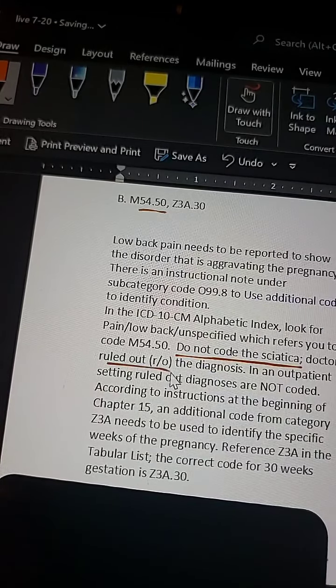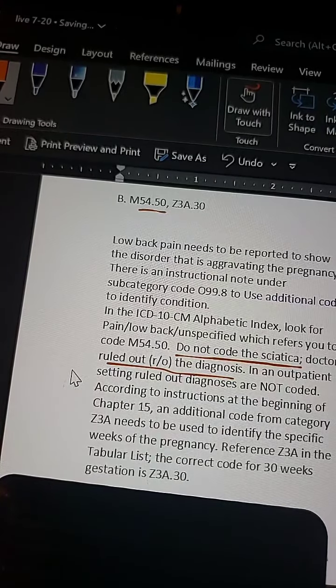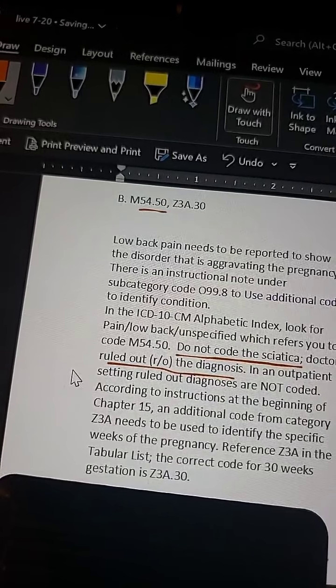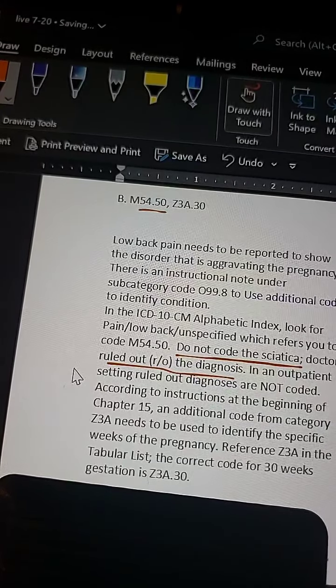The doctor wrote rule out. Technically in the ER, you're able to do that in real life. But what AAPC wants is no rule out codes. So remember that. And yep, the back pain was related to the pregnancy.